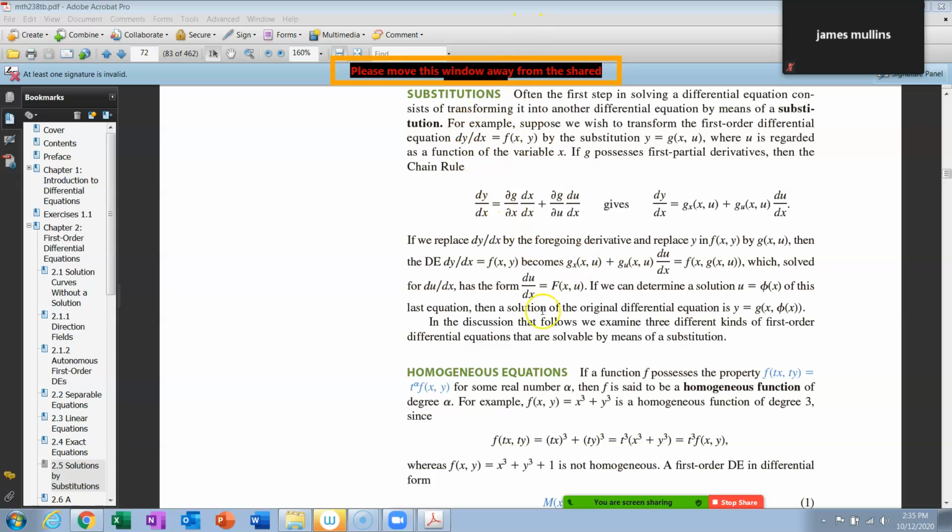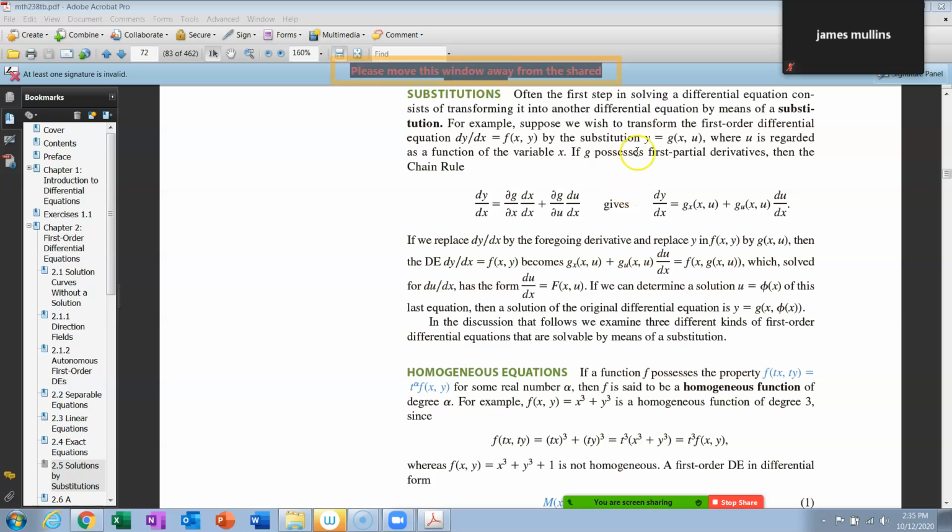So what if we can make a substitution? Here's typically how we do it. If we write the first order differential equation in what they call standard form, dy/dx, that's the only derivative you have, is some function of x and y on the right hand side.